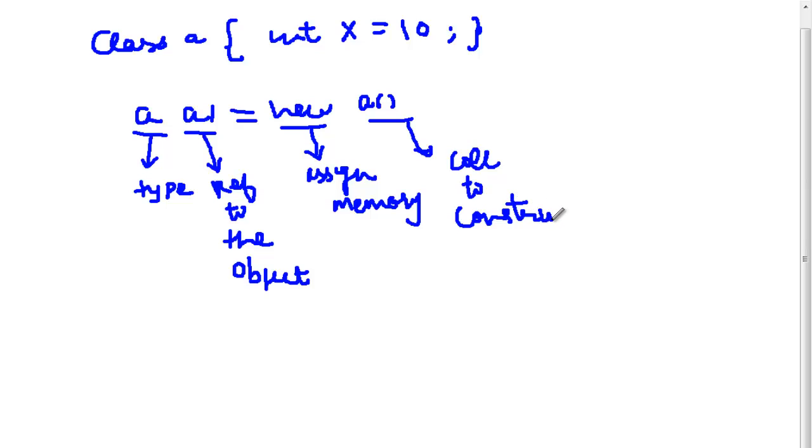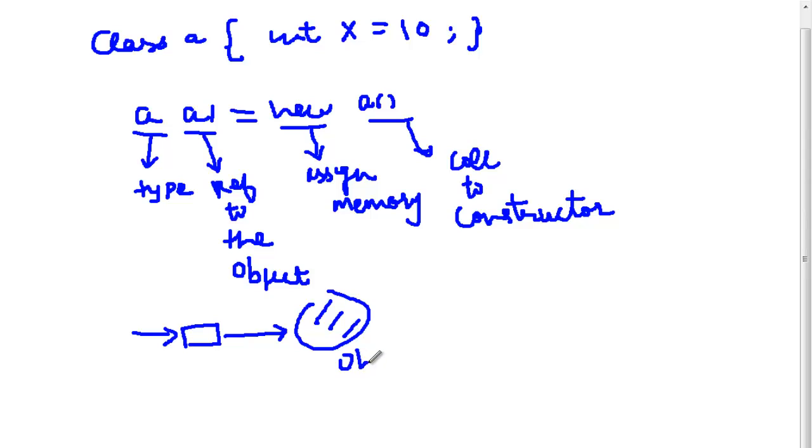However, we need to focus on the reference to the object. In Java, we access the object. Now this is the object, and this is the reference to the object.